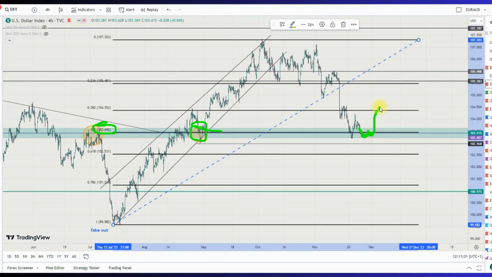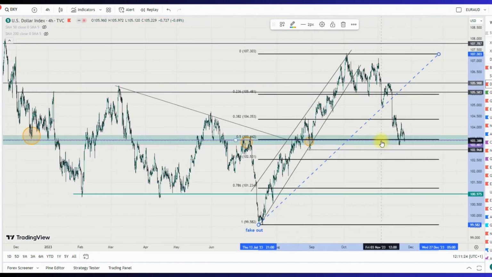So price might just come and reject this area again, and then probably come back to this area, and maybe price might get rejected at that area. But always take note of this 50% Fibonacci retracement level if we want to look at how price might react to this level.